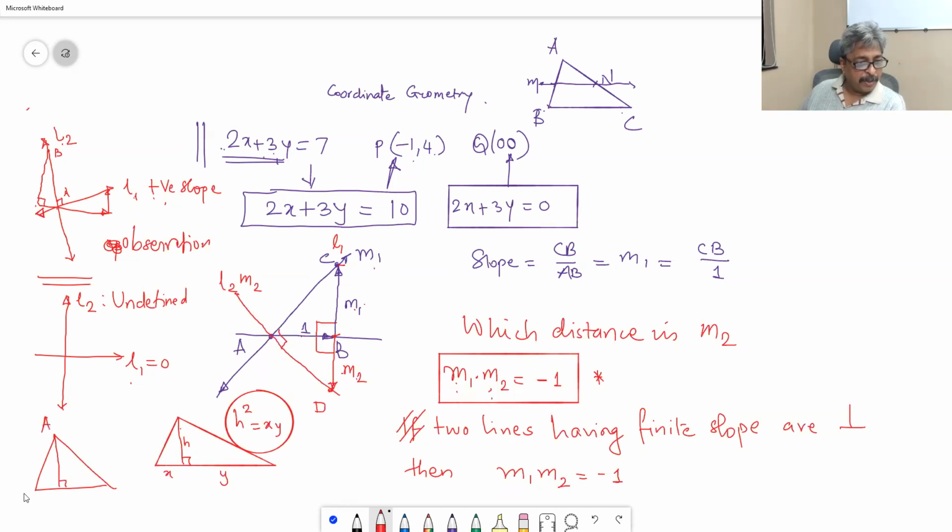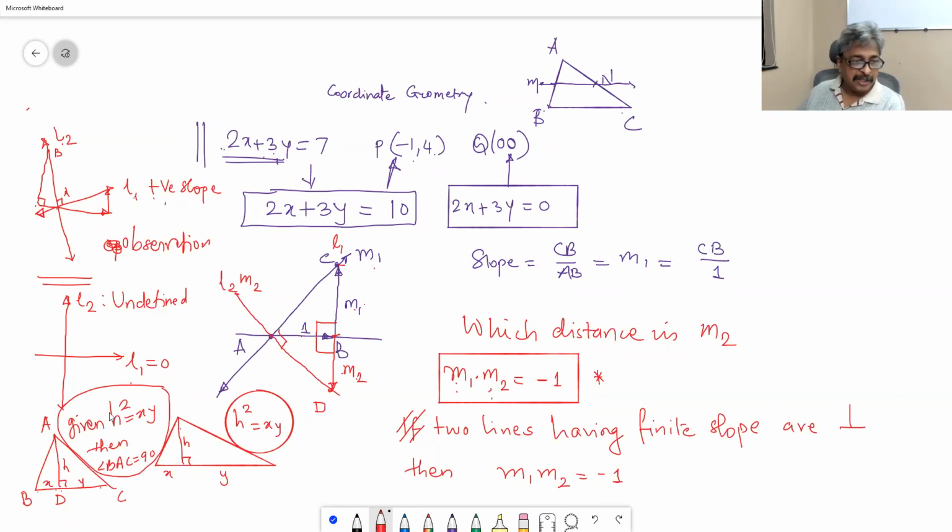From A I drop perpendicular onto BC and it is D. Numerical value of AD is H, BD is X, DC is Y. Given H square is equal to XY, then angle BAC is equal to 90. We should have proven this converse then.